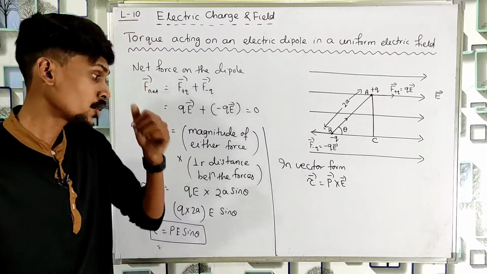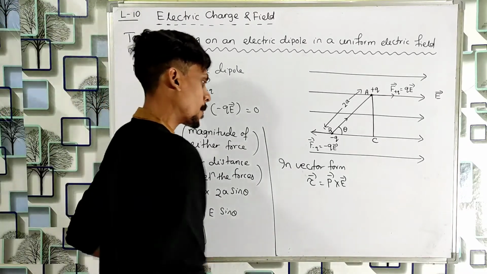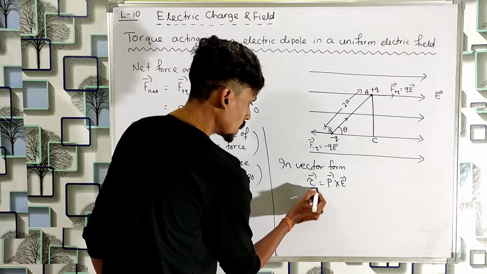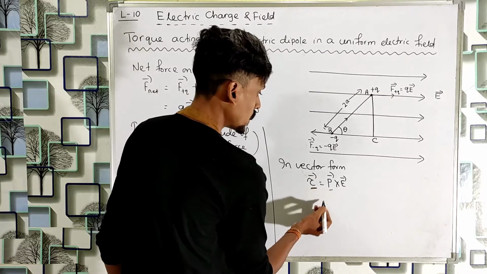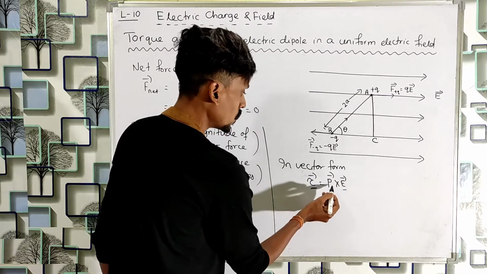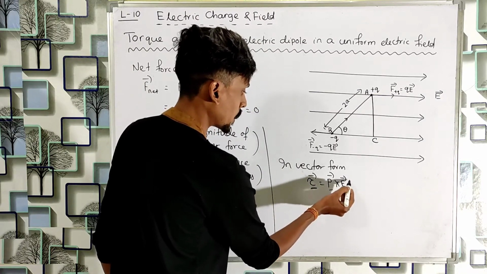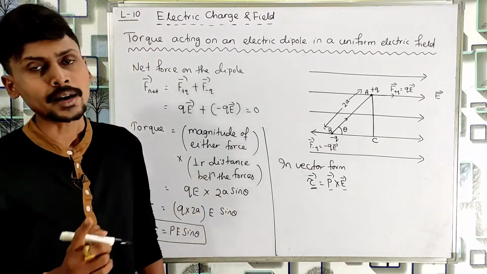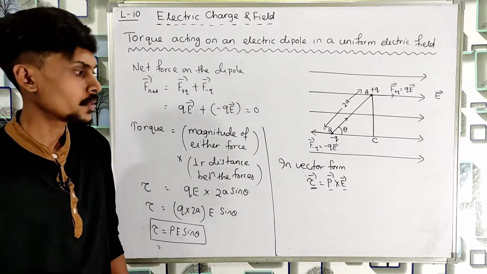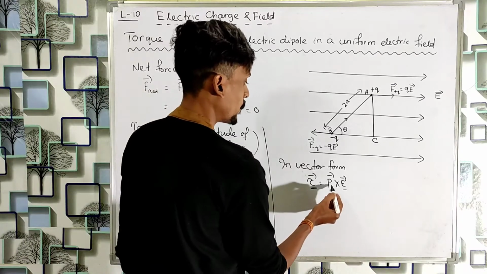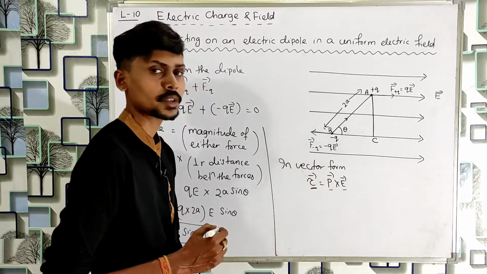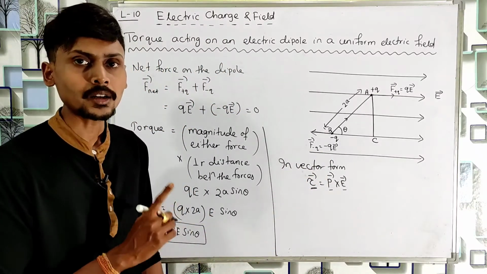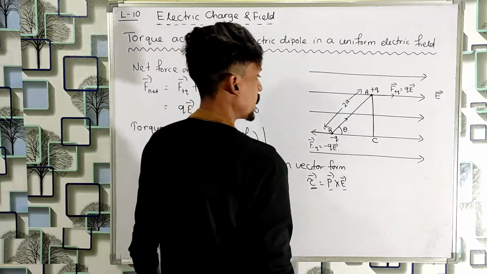So what is the right hand screw rule? Tau vector is equal to P vector cross E vector. The first vector is P, the second vector is E. So to find the direction of tau vector, you have to rotate P vector towards E vector. Look at the diagram.